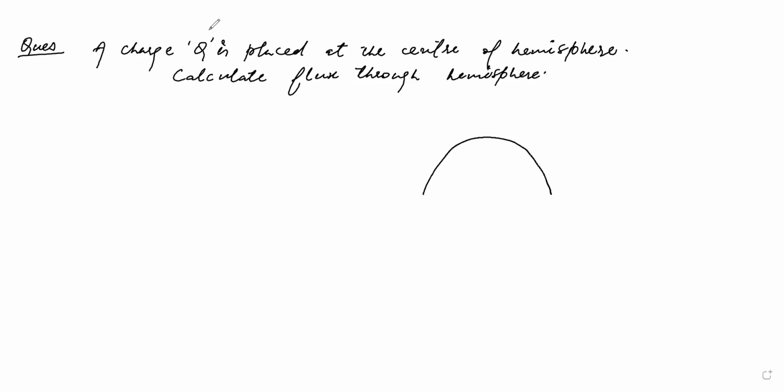This is our question. To calculate the flux, one of the important points is that the surface should be closed. Okay. If you try to solve this question, first of all, we are going to close this hemisphere like this by joining another hemisphere to it. As we add another hemisphere, it will become a sphere. Are you clear or not?